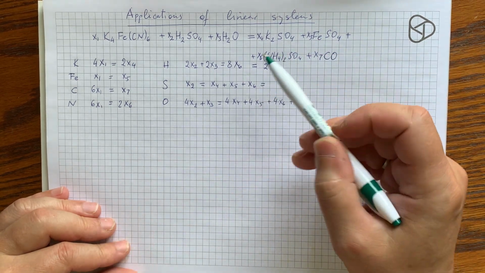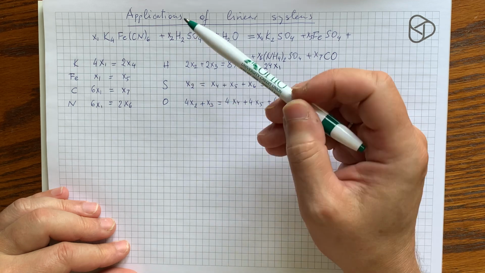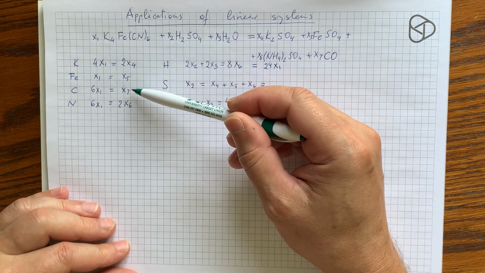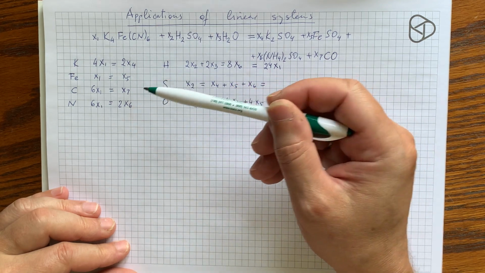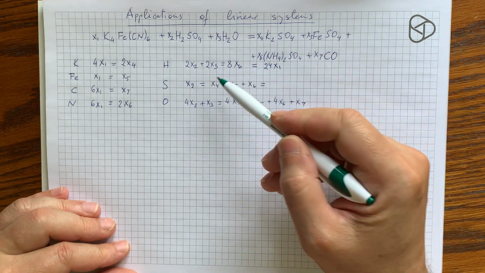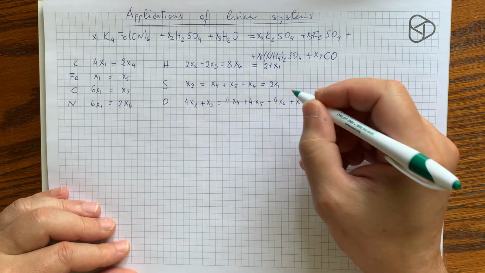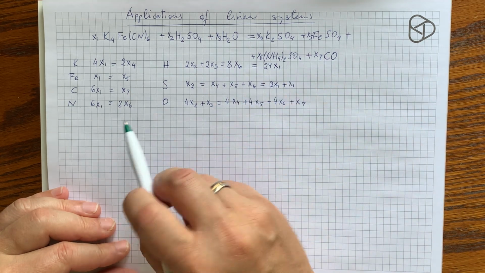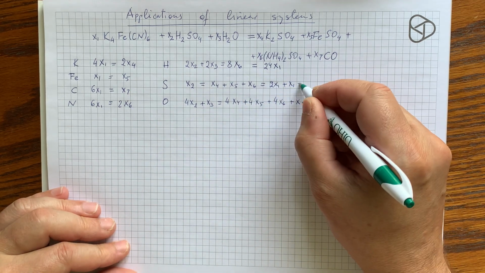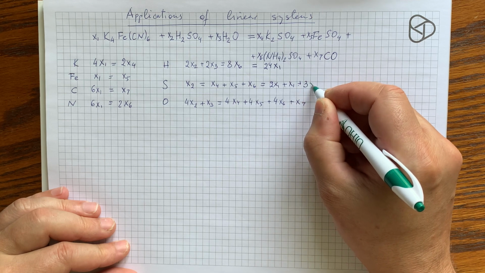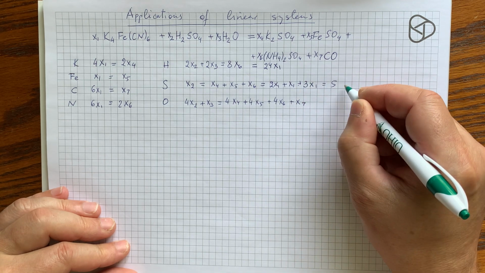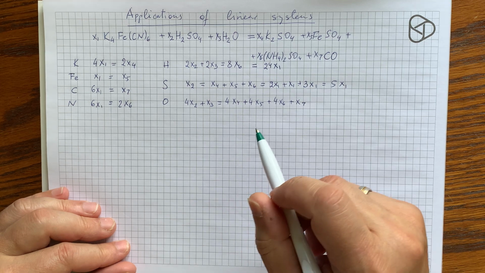So here we have the sum of X4, X5, and X6. So X4 is 2 copies of X1, X5 is just 1 copy of X1, X6 is, as we computed before, 3 copies of X1, so total will be 5 times X1.